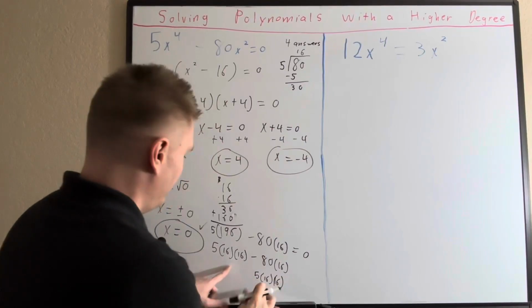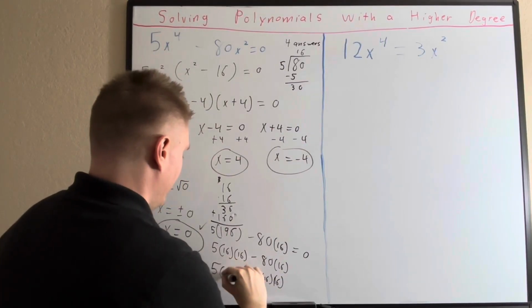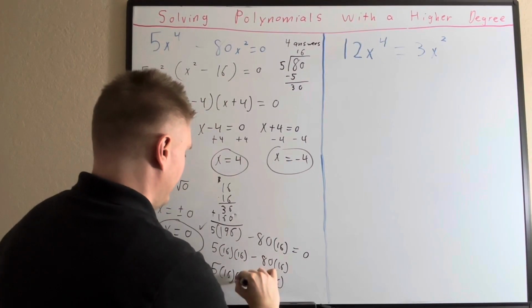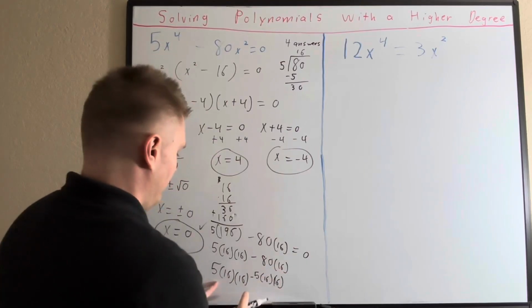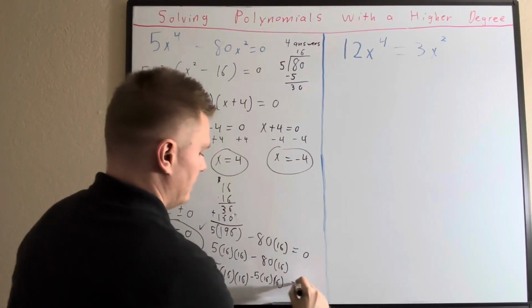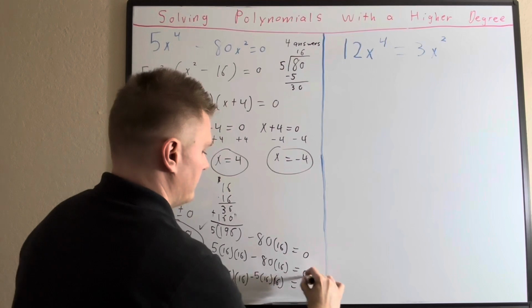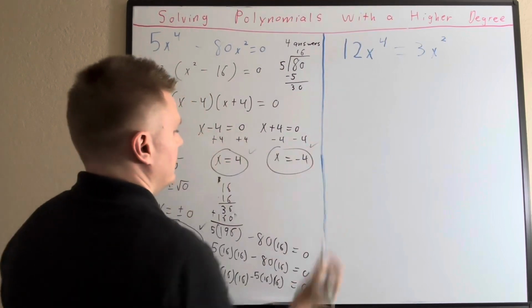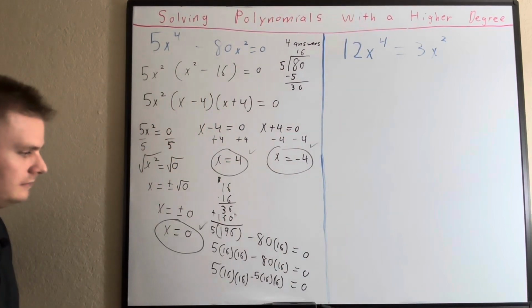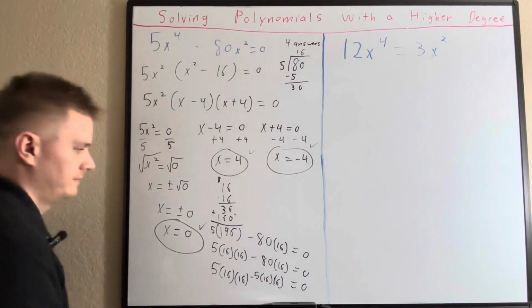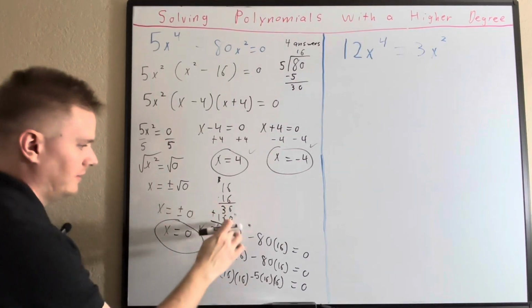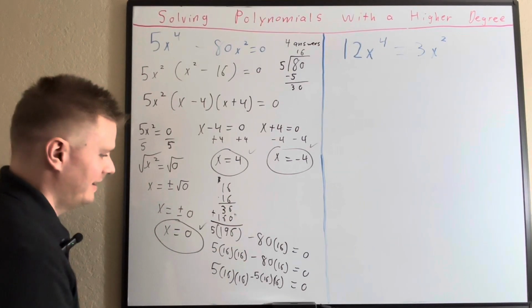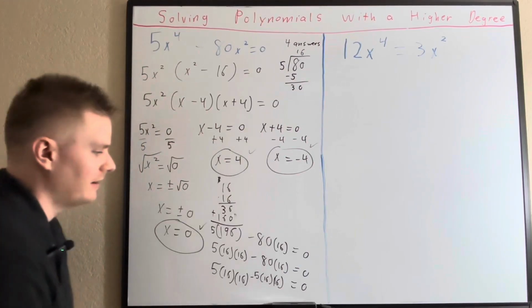So you don't actually have to multiply all that out. You can just factor them and realize that you're subtracting the same exact thing to get 0. So both of these answers check as well. Just a little trick I did. I guess I didn't have to do that. Sometimes you do extra math that you don't have to do.